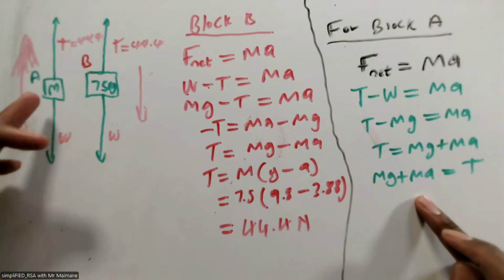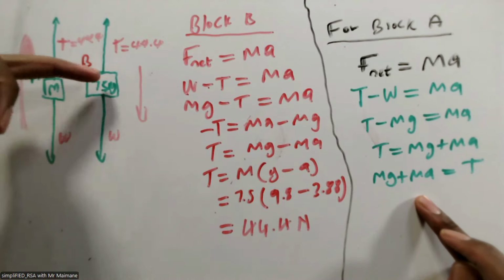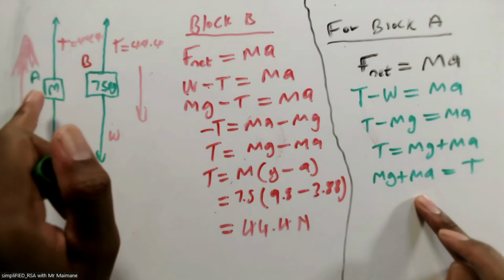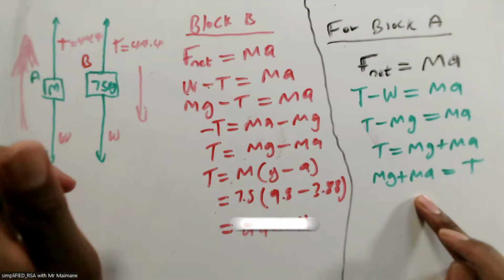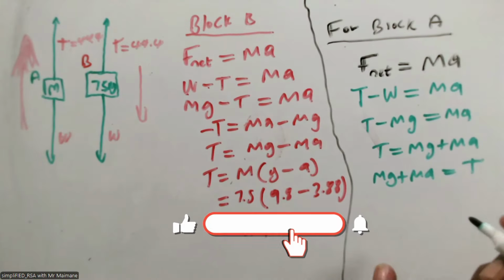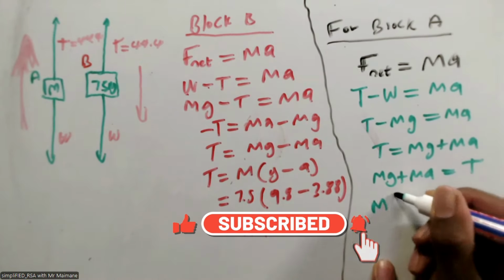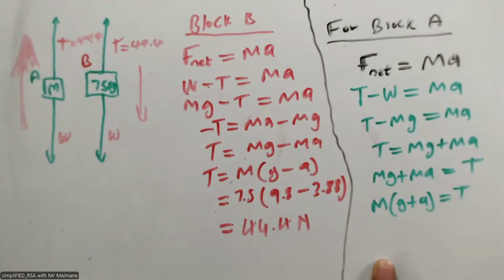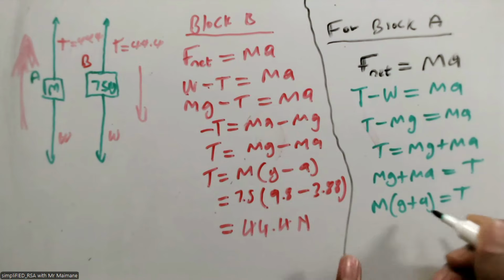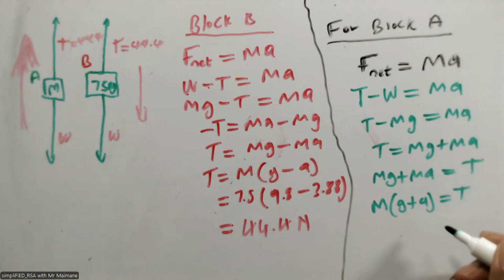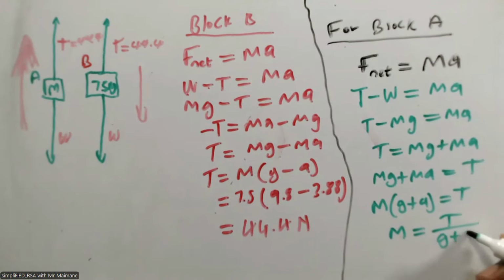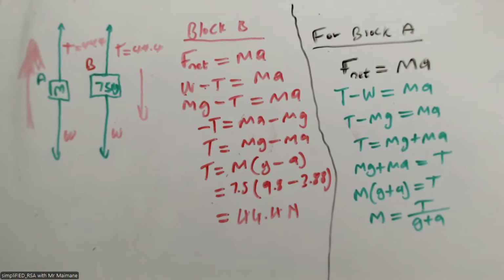But the acceleration with which block B hits the ground would be the very same acceleration with which it is pulling block m after it hits the ground as well, such that here, if I take out my common factor m, I'll be left with g plus a is equal to T, whereby if I divide both sides by g plus a, I would have that m is equal to T over g plus a, like that.